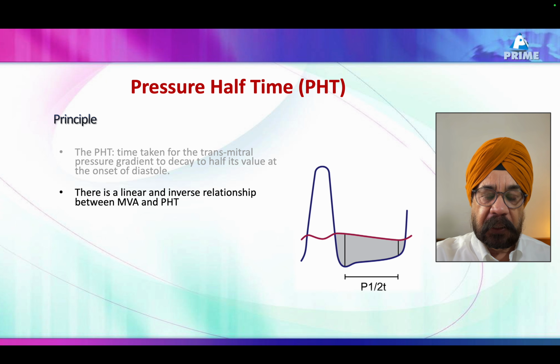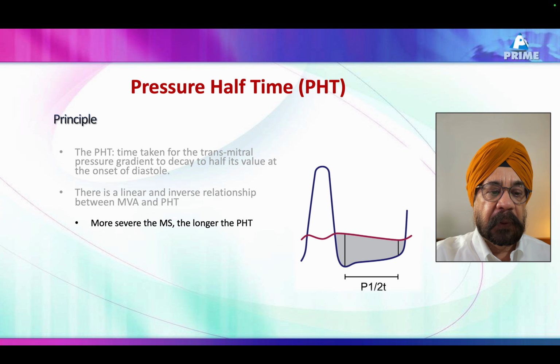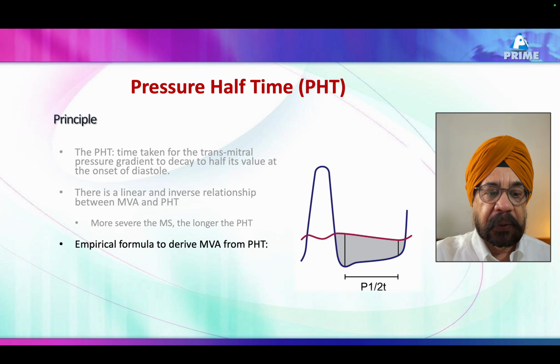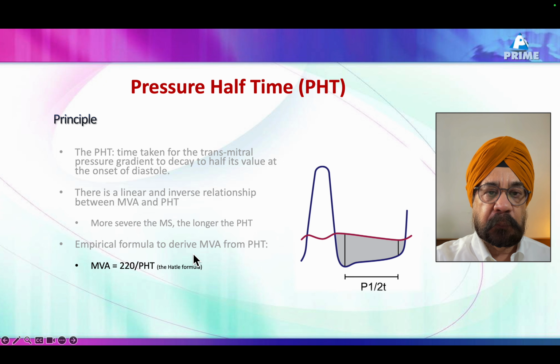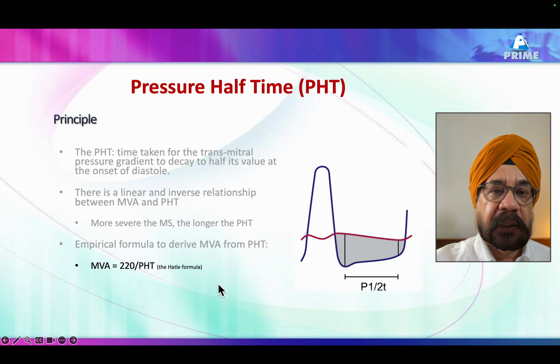It has a linear and an inverse relation with the mitral valve area. The more severe the mitral stenosis, the higher the PHT. The formula used is 220 divided by pressure half time, called Hatle's formula, and then you get the mitral valve area.